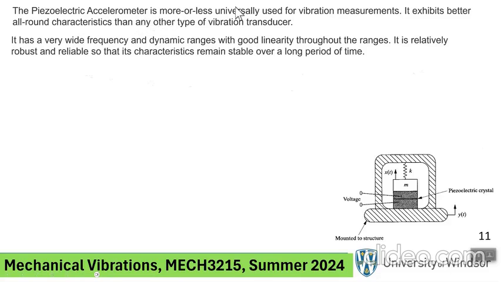So more or less universally used these days, and it exhibits much better all-around characteristics among all types of vibration transducers. Now, it works over a wide range of frequency, and remember 0 to 16,000 is a wide range of frequencies, and a very good linearity.